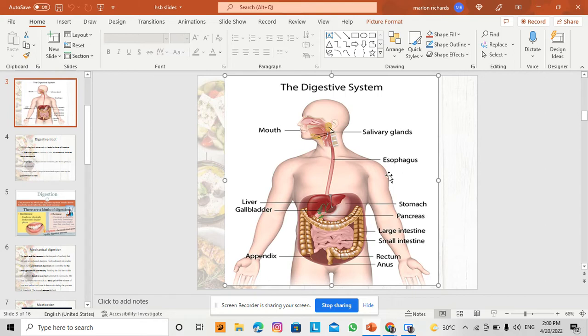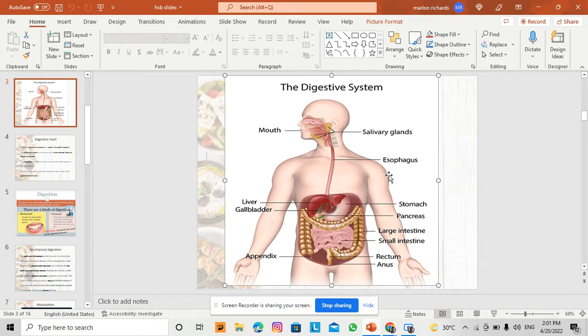And when the food enters the stomach, the stomach doesn't react at the same time. But we all know that the stomach contains a lot of acid, and the stomach occurs at a pH level of acidic. We know that we have three types of pH level: acidic, neutral, and alkaline. The mouth occurs at a pH level of neutral, and the stomach occurs at a pH level of acidic.